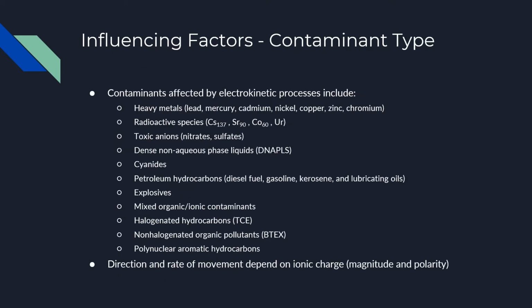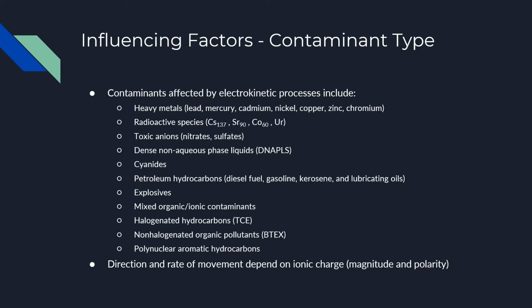Another influencing factor when choosing electrokinetic remediation is the contaminant type. This remediation method does not treat all types of contaminants, so it's important to know which contaminant is in your soil and make sure that the electrokinetic remediation process will be effective to treat it and remove it from the soil at the percent removal that you want it to be at.